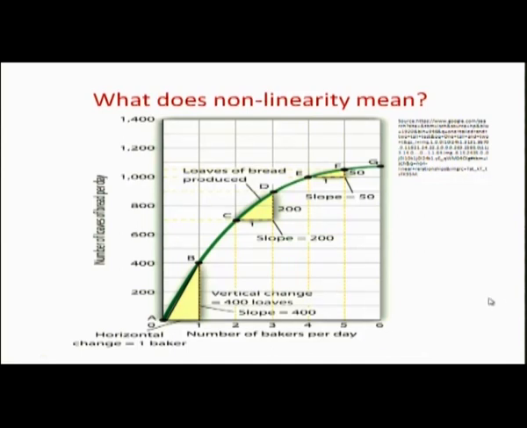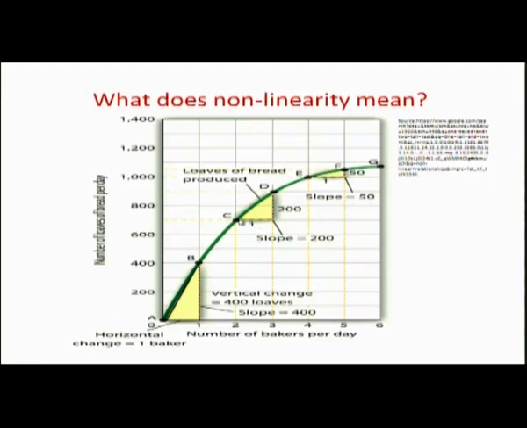Now, what is a non-linear relationship? This relationship is non-linear. Here you see for a fixed change in x, 0 to 1, change in y is this, a big change. When x changes from 0 to 1, y changes from 0 to 400. There is a change of 400 in the value of y.